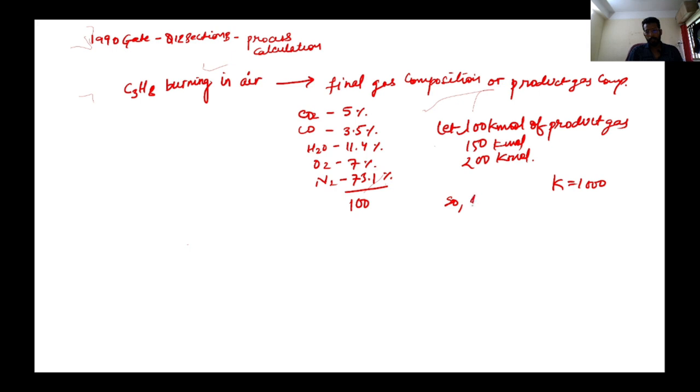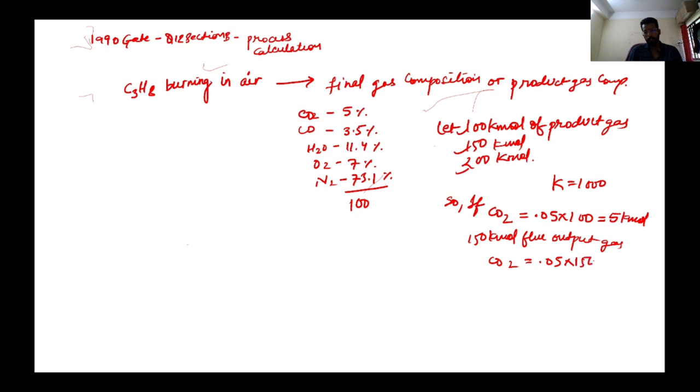If I want to find the quantity of CO2, then it is 0.05 into 100 equals 5 kilomole. So for simplicity I have chosen 100. I can choose 150 or 200, but if I choose 150 kilomole of output flue gas, then the CO2 quantity will change: 0.05 into 150, which is something bigger. So I choose 100.